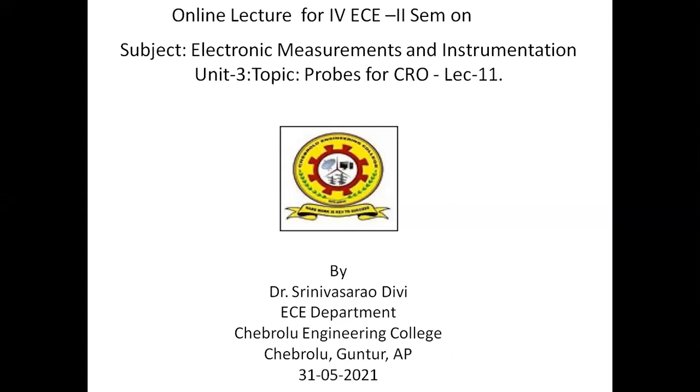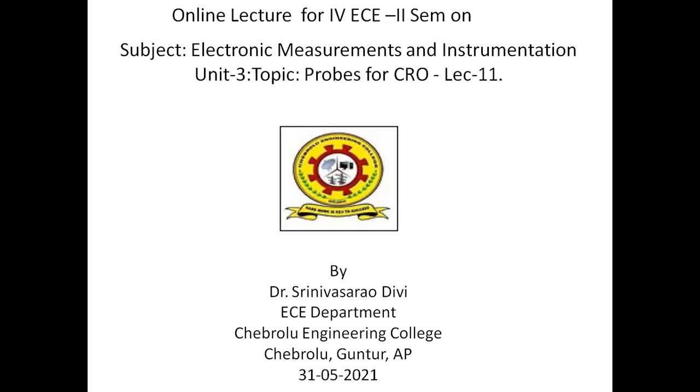Suppose in a PCB we have to measure the voltage drop across a component, or we have to measure the frequency response, the frequency signal output of a system. For measuring that, we have to connect the probe connections with respect to some ground or another terminal.